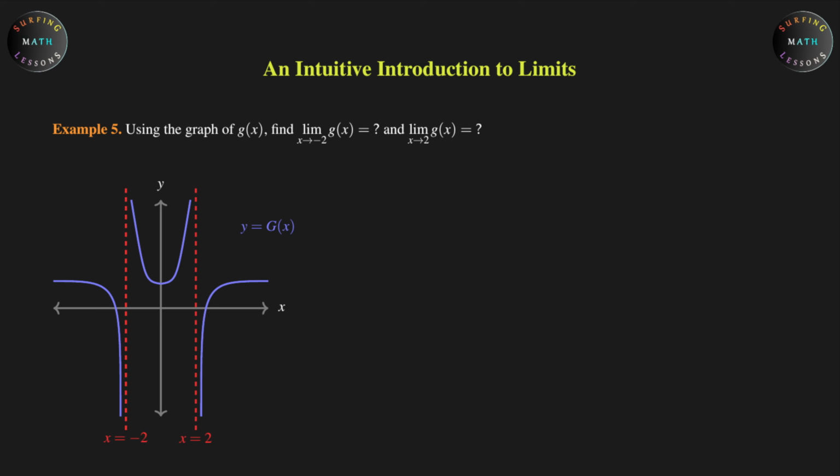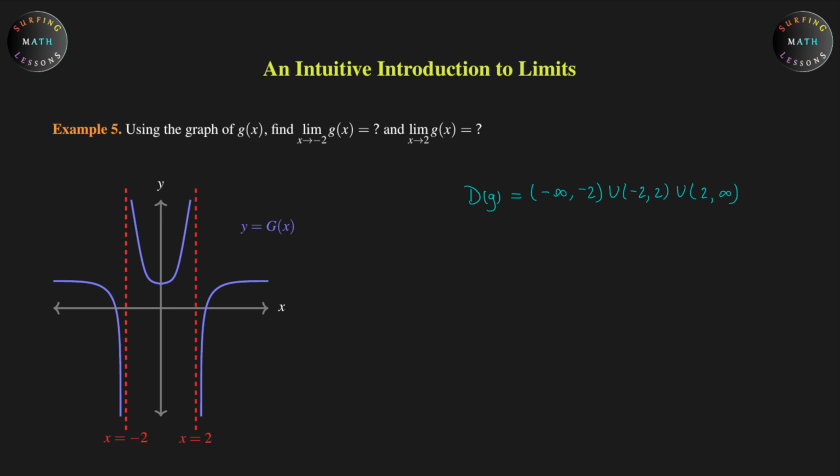Last example, use the graph of g of x to find the limit as x approaches minus 2 and as x approaches 2, respectively. The first thing we observe is that the domain of g of x is the disjoint union of three open intervals, namely the open interval from minus infinity to minus 2, the open interval from minus 2 to 2, and the open interval from 2 to infinity.